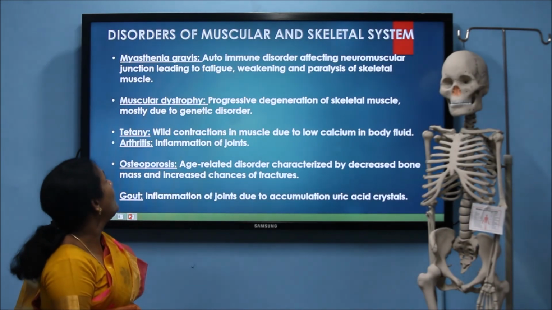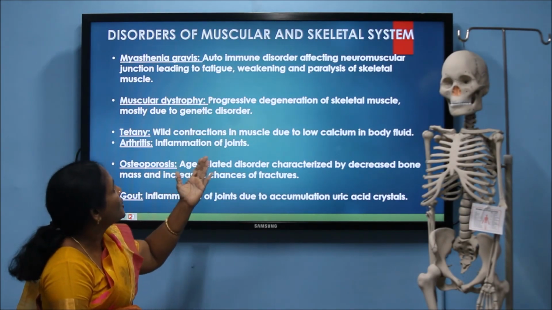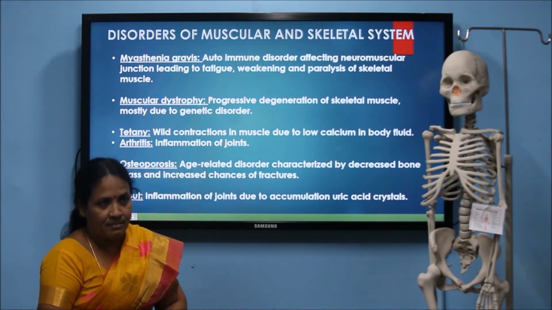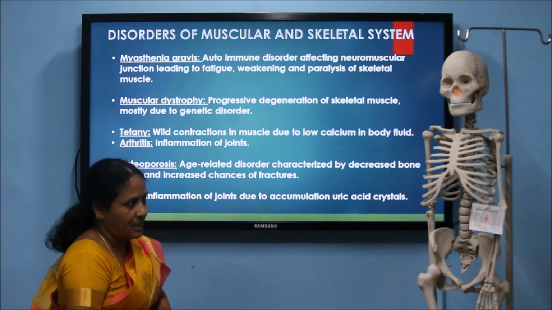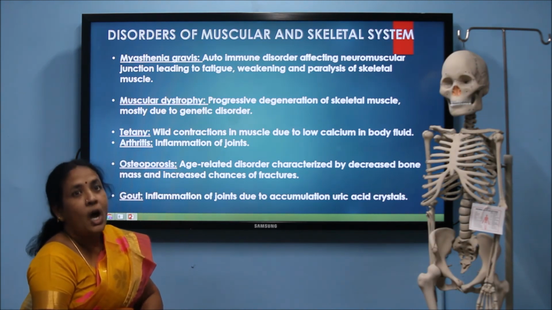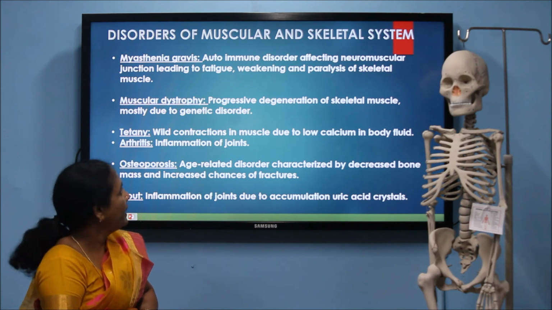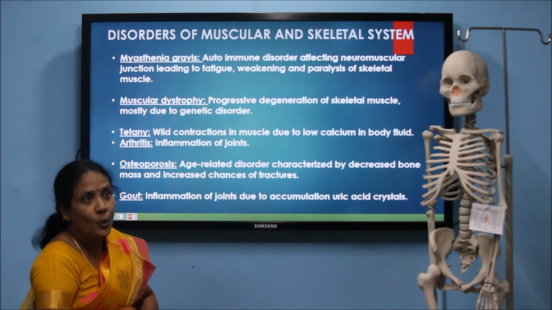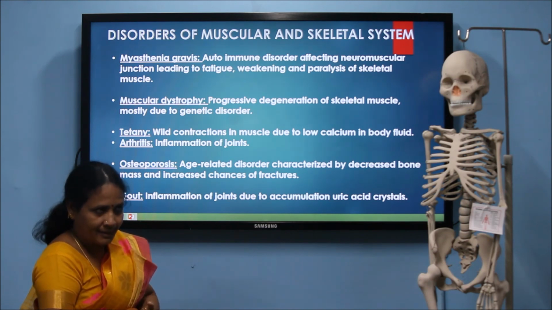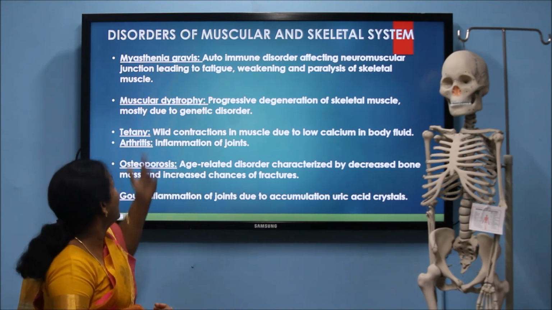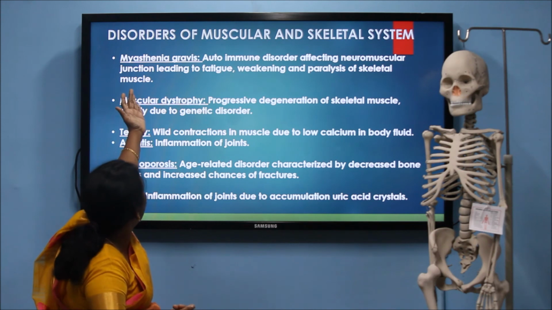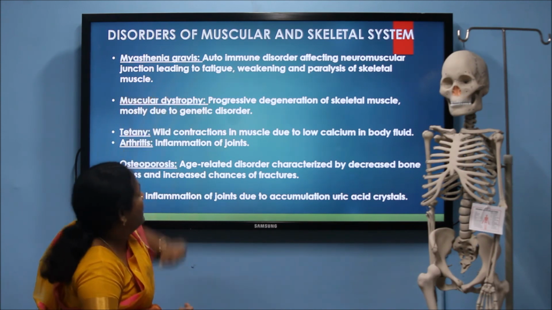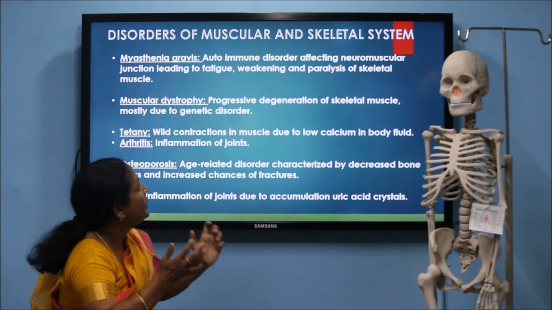Now we will see the disorders of the muscular and skeletal system, and how they affect muscles as well as bones. First one is myasthenia gravis. It is an autoimmune disorder.